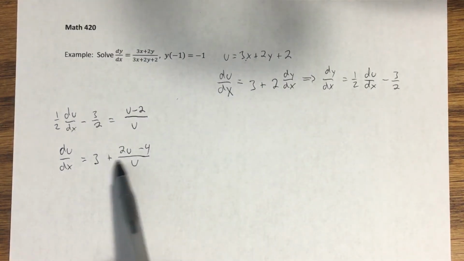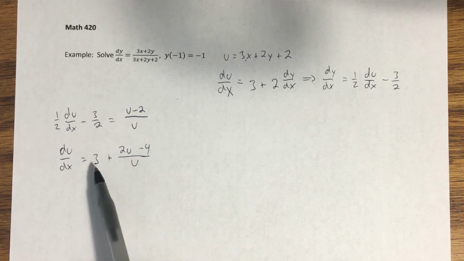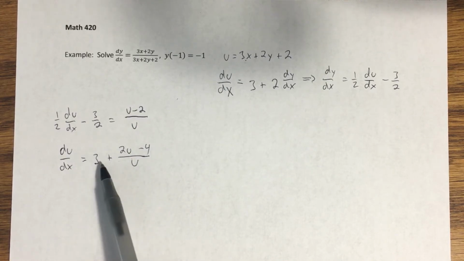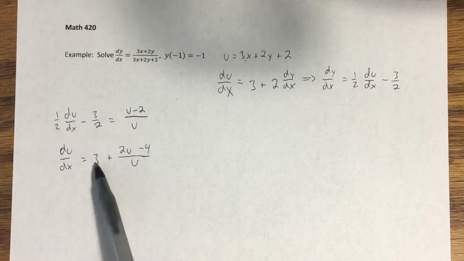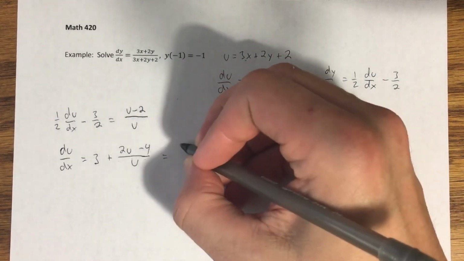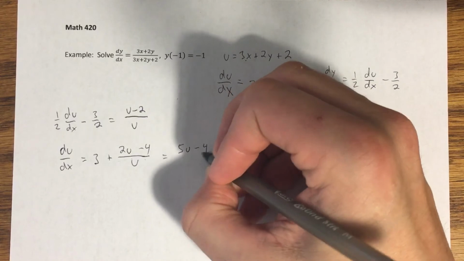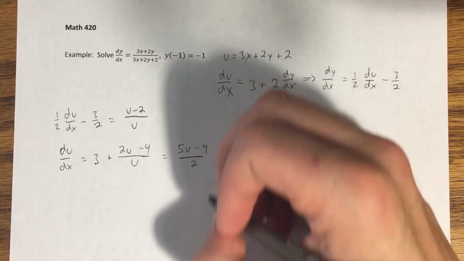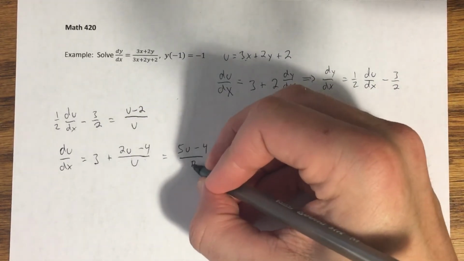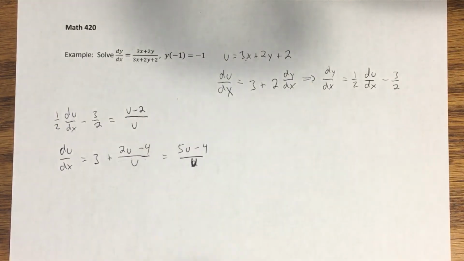Okay. Now for the purpose of the separation of variables that's going to happen, I would like to combine these into a single rational expression. So 3 is the same thing as 3u over u. Combine that with a 2u here to get 5u minus 4 over u.